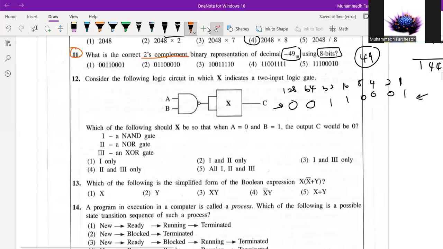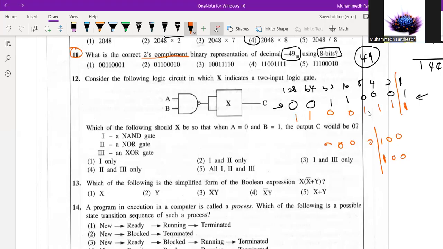So I'm meeting the first 1 here, and I'm going to write it down. You write everything as it is until the first 1 is met, and then flip everything on the other side. So you just have to flip it.